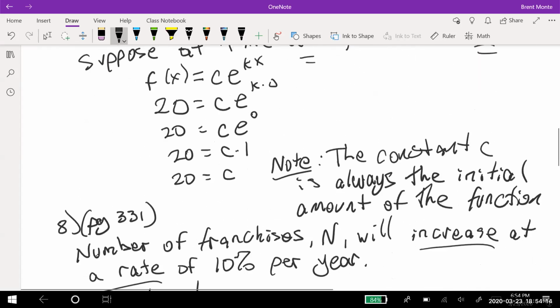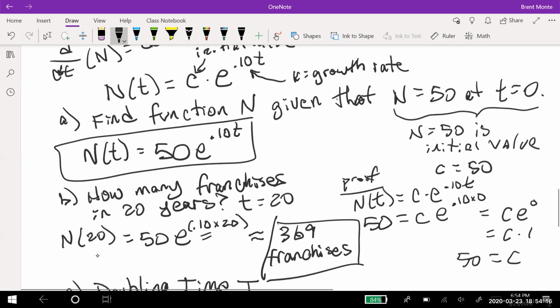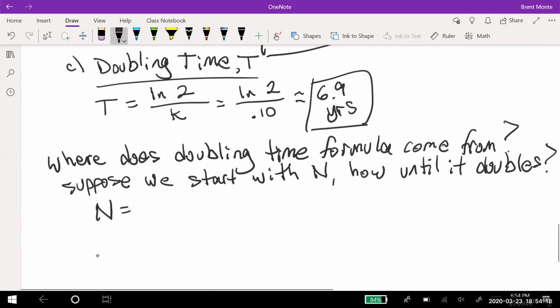We used f of x. All right, so let's do this. So we'll write it as f of x. f of x equals, we know it's some constant times e to the kx. Okay, there's our formula. Well, if we've doubled, we started with n, so that means c was n. e to the kx.